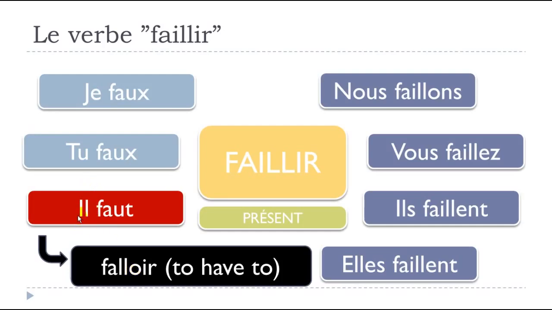It is exactly the same form. So when you encounter il faut in a text, in most cases it will be connected to falloir, but keep in mind that it might be connected with faillir, even if we don't use the present form that often.